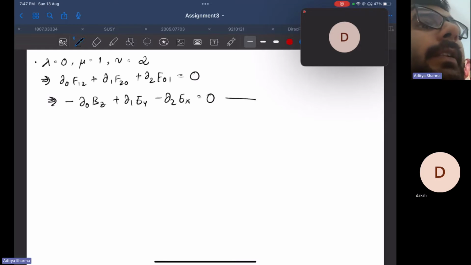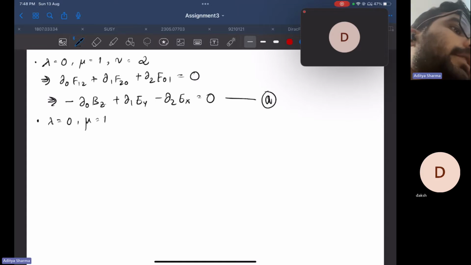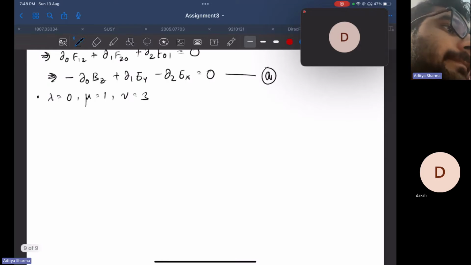This I'm writing here as A. Lambda equals 0, mu equals 1, nu equals 3.